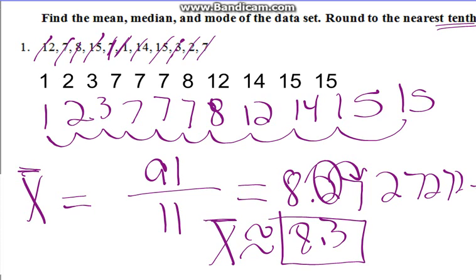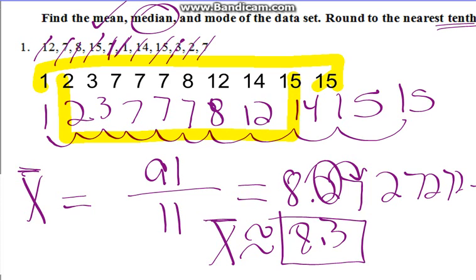Okay, the next thing they ask us to find is the median. What we want to do is start at the outside and move inwards. So we go 15 and 1, those go together. Now let's move in again: 2 and 15, next is 3 and 14, 7 and 8, and then 7 and 12, 7 and 8 is next.